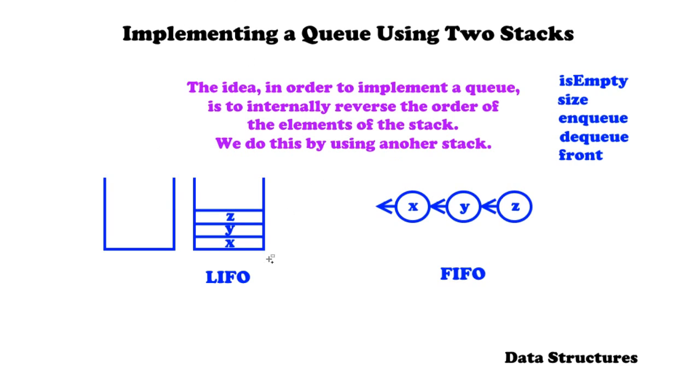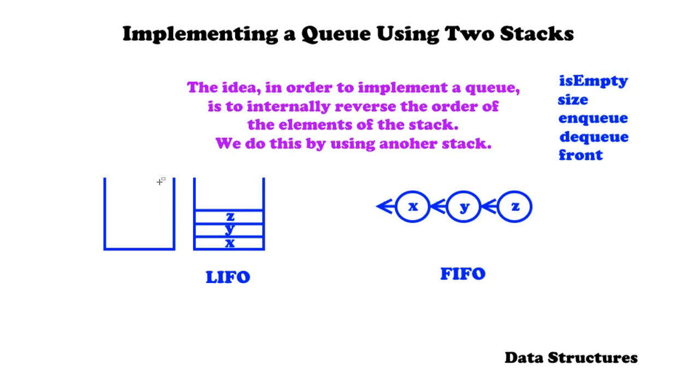And in order to get from a data type which has as characteristic that it's a last in first out data type to a data type which is first in first out, we're going to reverse this order so that instead of getting the element that is added last, we want to return the element that is added first to the data type. And we're going to use this other stack thus for transferring the elements and then getting, in this case, X at the top, so that we can simply return it.